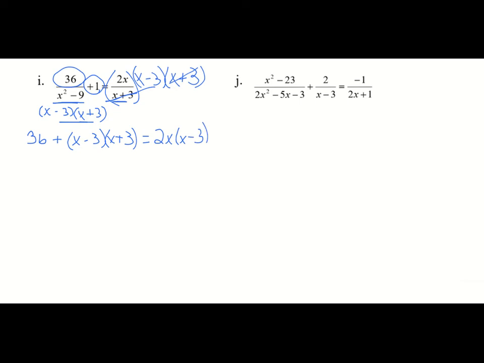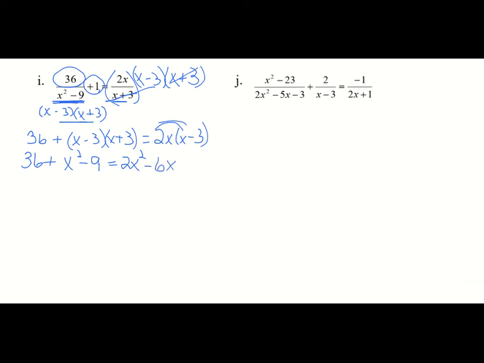So I do need to here simplify. I have 36 plus, I know x minus 3, x plus 3, when I factored it, it was originally x squared minus 9, so that's the multiplied form, equals 2x squared minus 6x.